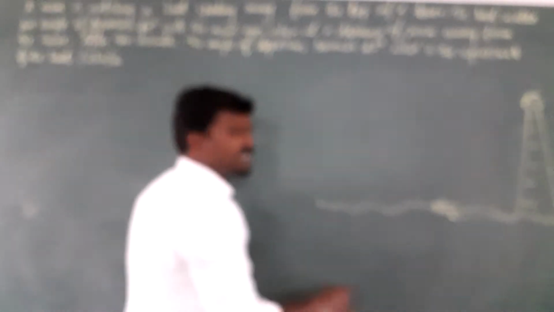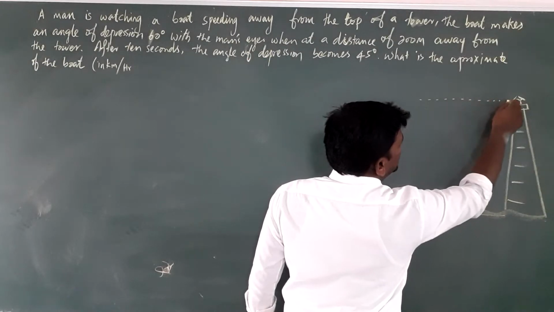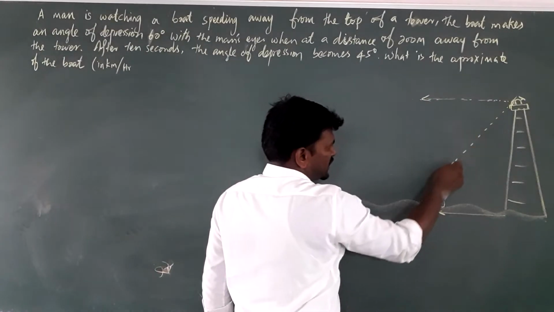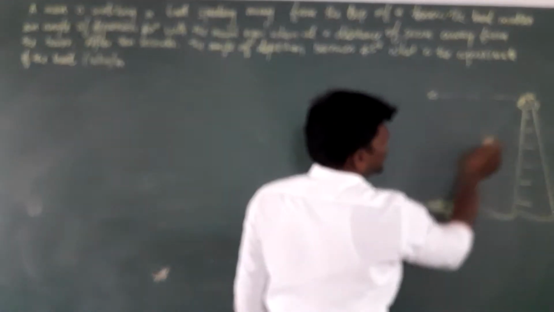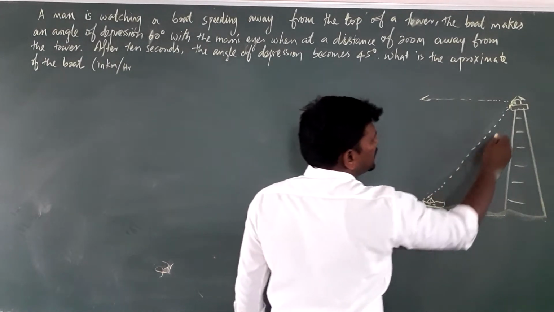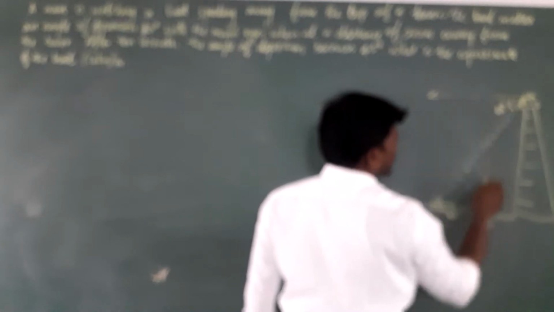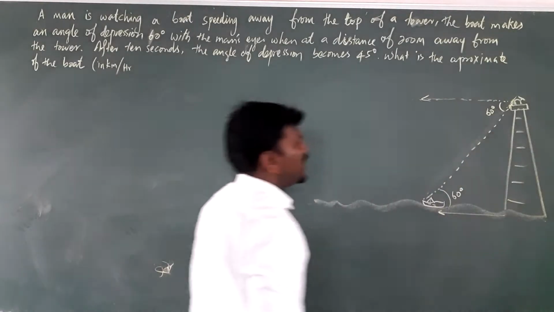The boat makes an angle of depression. See, this is the eye level of the man. This boat makes an angle of depression of 60 degrees. Okay, so this is also 60, vertically opposite angles.